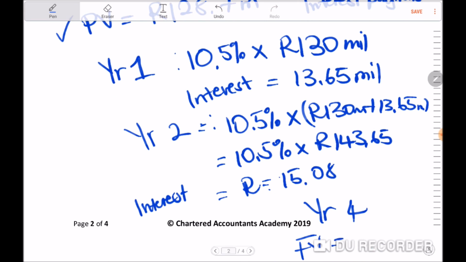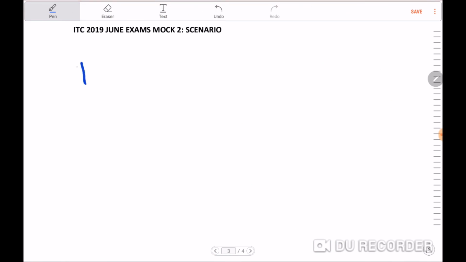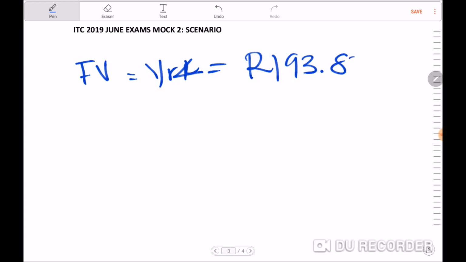If you calculate the future value from year 4, your loan should be equal to 193.8283, depending on your rounding off. So this now becomes your future value.